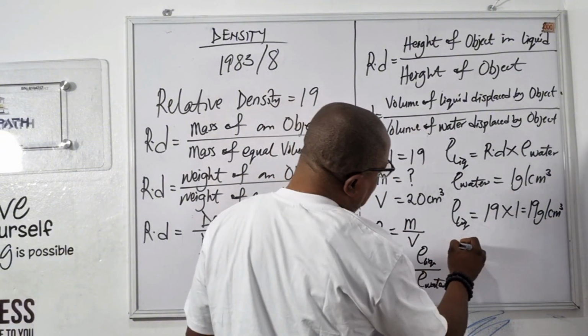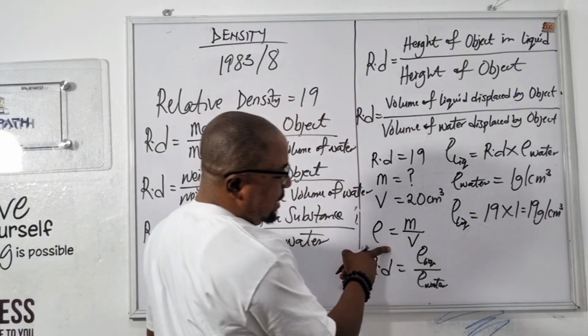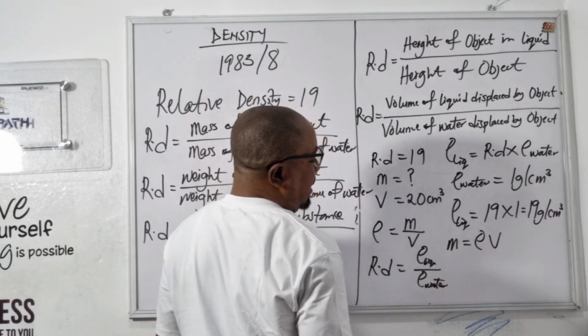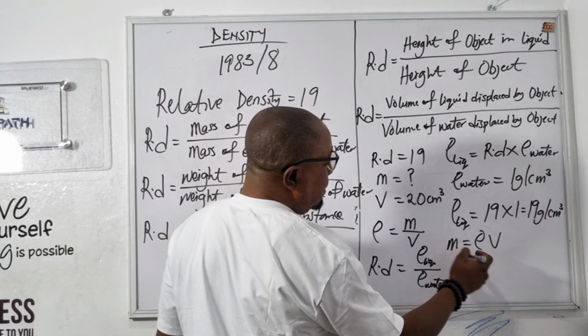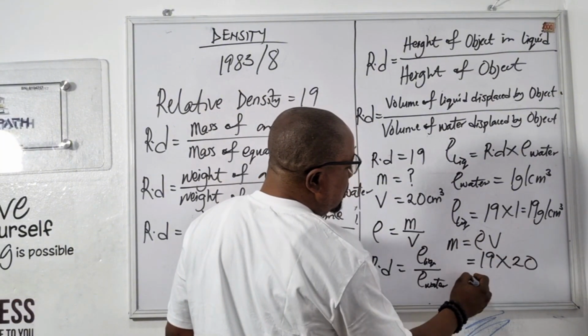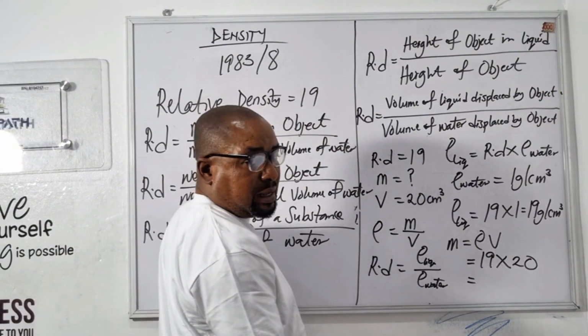So the mass will be equal to density multiplied by volume, which is 19 times 20.